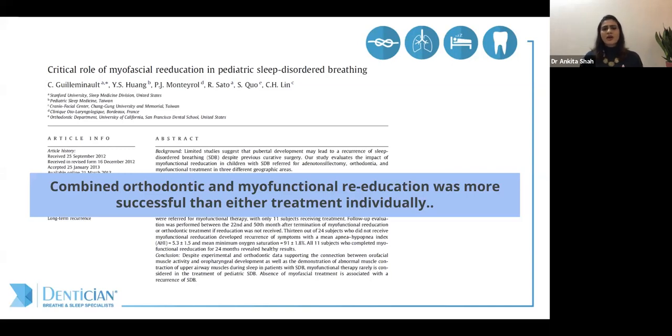But those kids who had only undergone the adenotonsillectomy and orthodontics, but no myofunctional therapy, had a relapse in their AHI. So what they concluded here was that a combined orthodontic and myofunctional re-education was more successful than a single treatment alone.